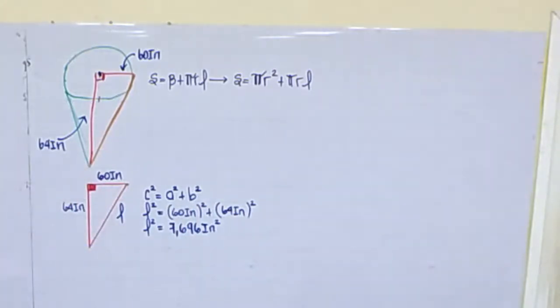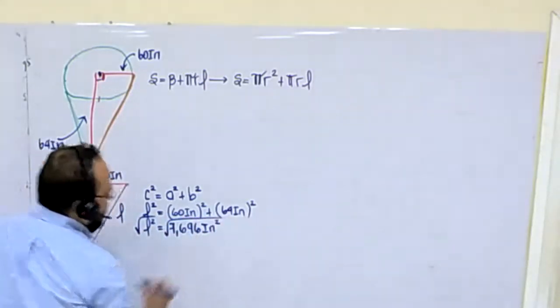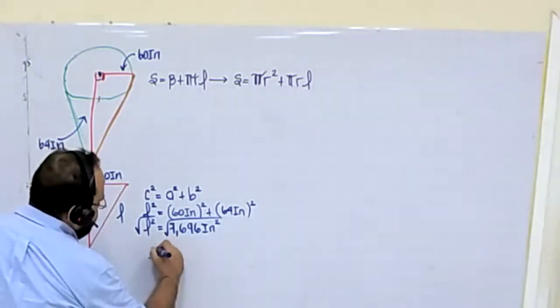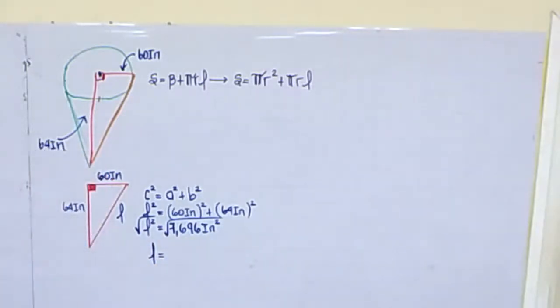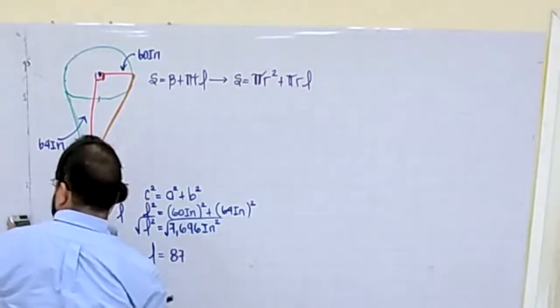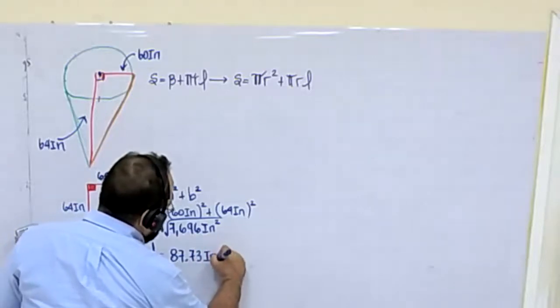Why square inches? Because remember, we have added values from the squares, but we're not looking for the value of L squared. We're looking for the value of L. For that reason, we take the square root on both sides to eliminate the square, and obviously the inner number will have its square root taken. So the slant height of this cone will be the square root of this value, which is 87.73 inches.